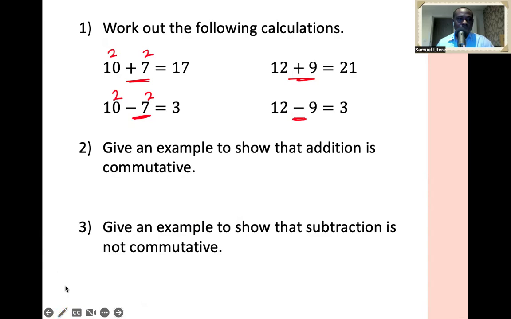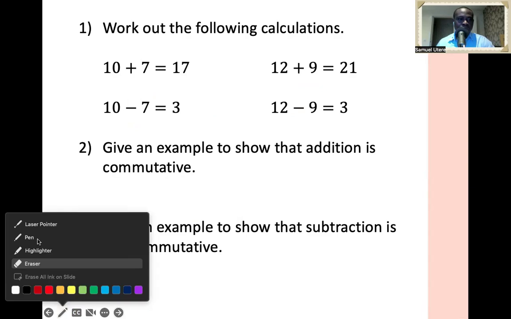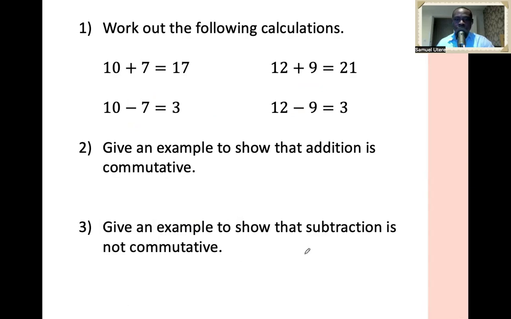And then next, you were asked to work out, so let's erase this. Next, you were asked to give an answer to show that addition is commutative. You could simply have written a simple calculation to show that. Any calculation would do. Remember, the order in which you write the question does not affect the answer.